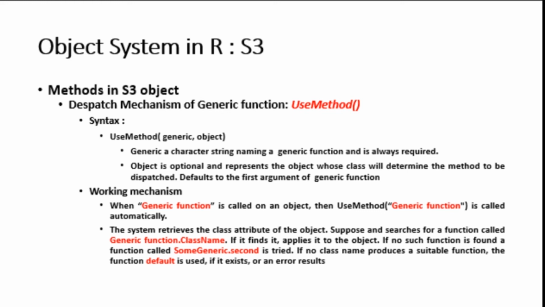If it is missing, then the first argument of the generic function is taken as the default. The UseMethod command looks for a method whose name is of the form generic function dot class name, where the class name suffix must exactly match the class attribute of the object. The exception is the default suffix that is executed if no such function is available.